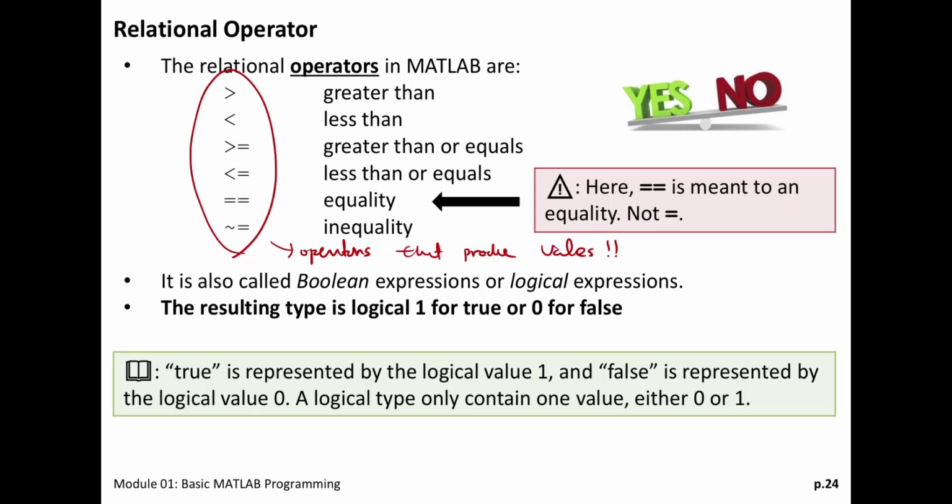But the output of this operation is a logical value, because it only tells you true or false. That's why it is also called a Boolean expression or a logical expression.